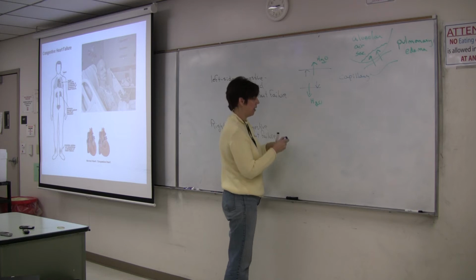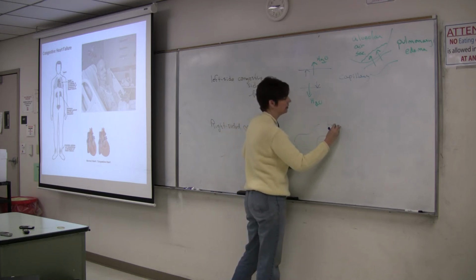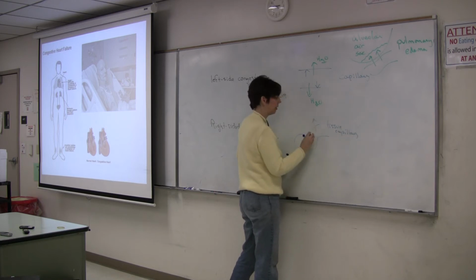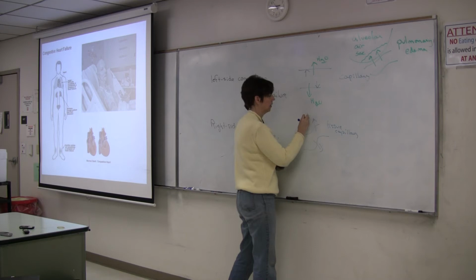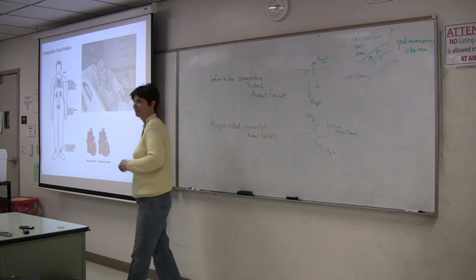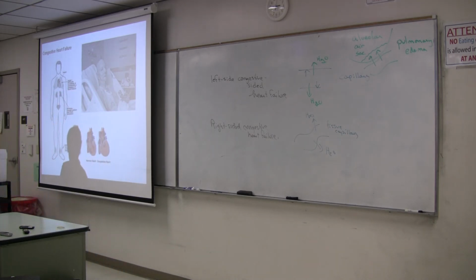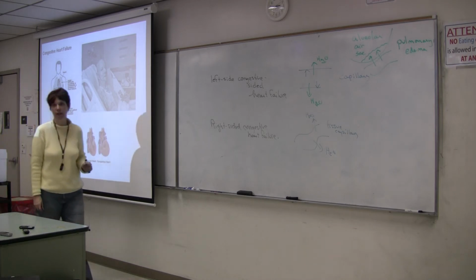So we would have our tissue capillary instead of our lung capillary. And we would have increased water ending up in our tissues. So you may see somebody with pitting edema, where their ankles are so swollen that when you push them, the dip remains. All right.